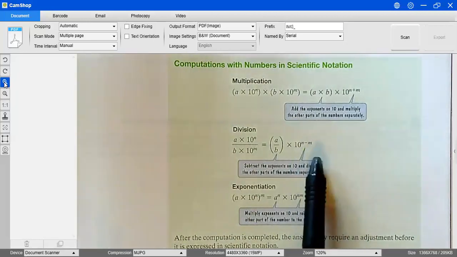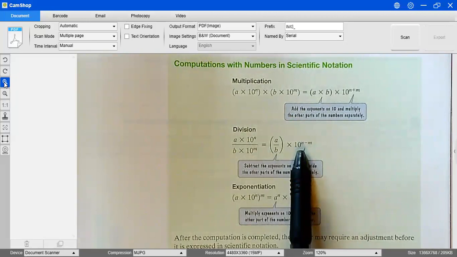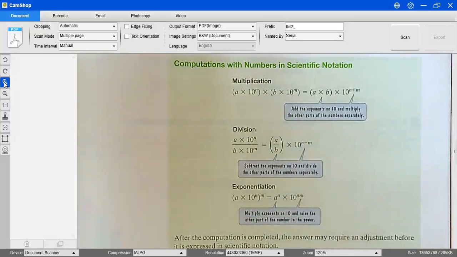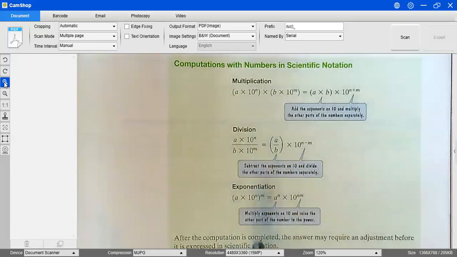You subtract the exponent in the denominator from the exponent in the numerator. So it's going to be 10 to the exponent in the numerator minus the exponent in the denominator. This is when you divide two numbers in scientific notation.